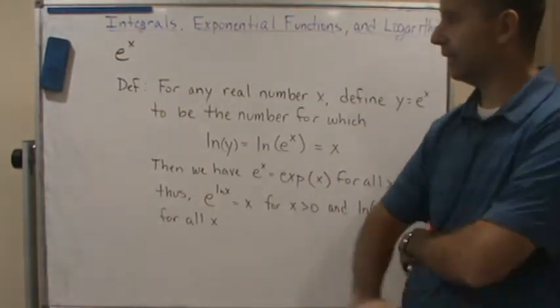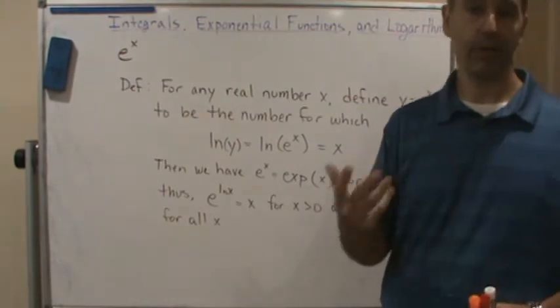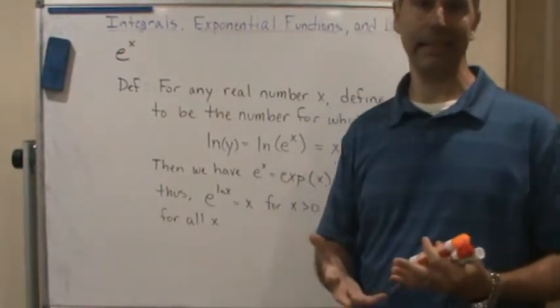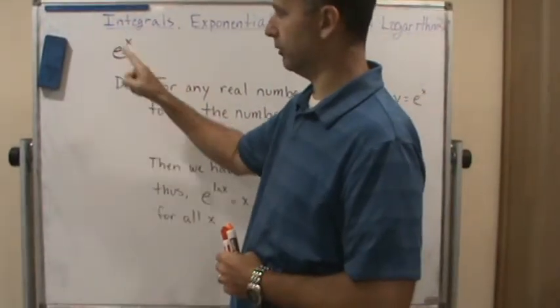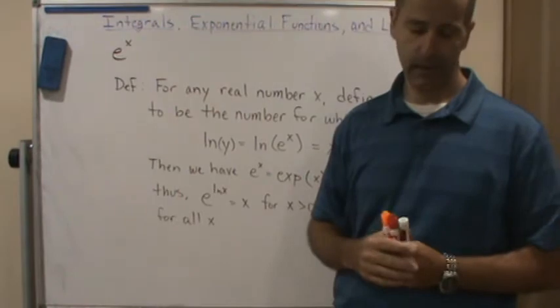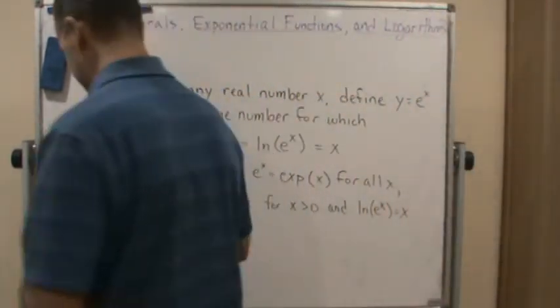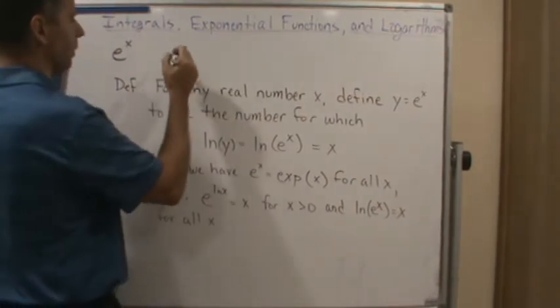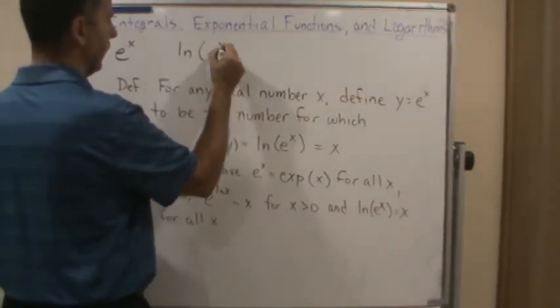Now it turns out that e to the x is the inverse function of the natural logarithm, and that can be shown easily by taking rational values of x, and then we can apply the properties of logs. Because if x is rational, we could take the natural log of e to the x, right?